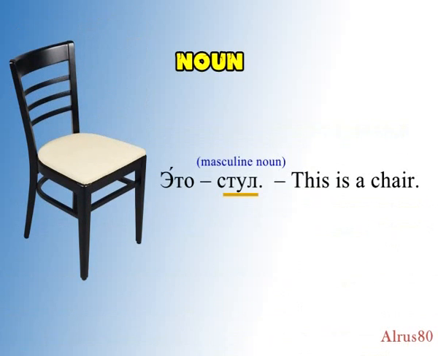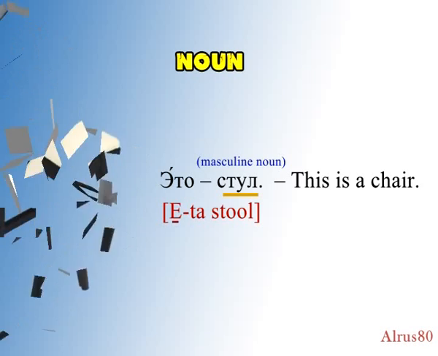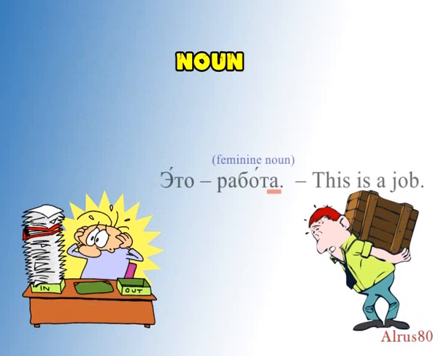Это стул. This is a chair. Это работа. This is a job.